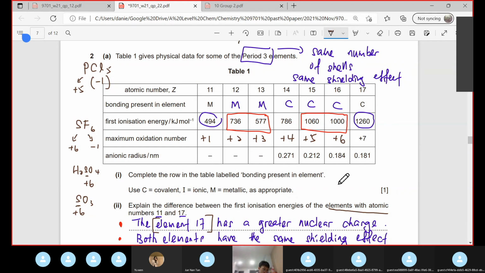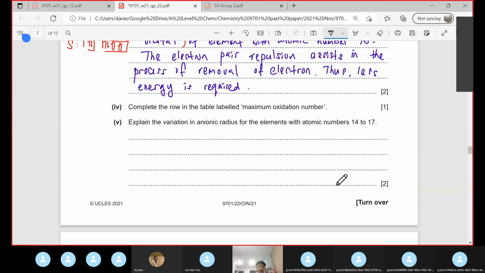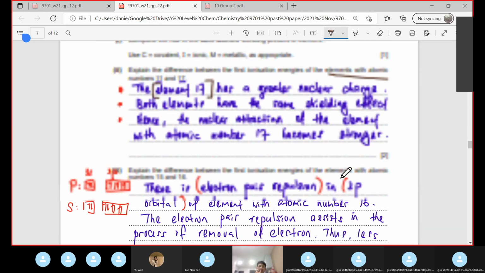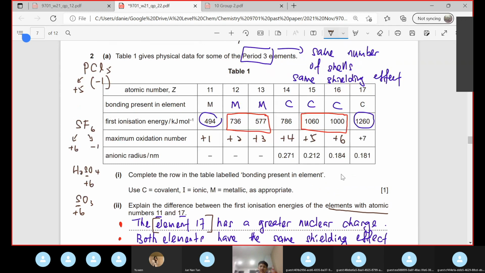Then we'll move to the next question, Roman 5. For Roman 5, explain the variation in anionic radius for the elements with atomic number 14 to 17. Over here, they provide you some information.